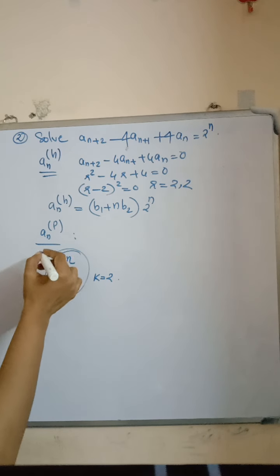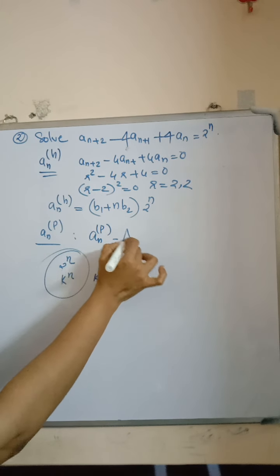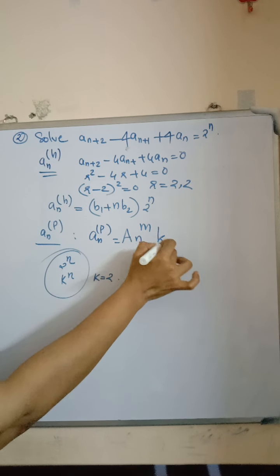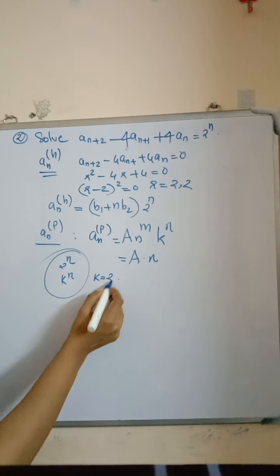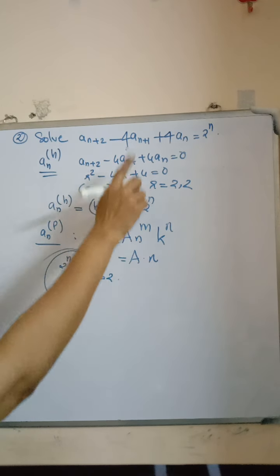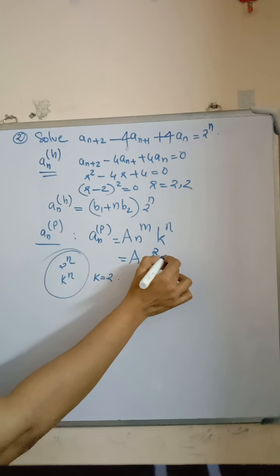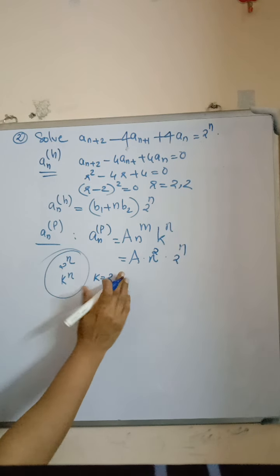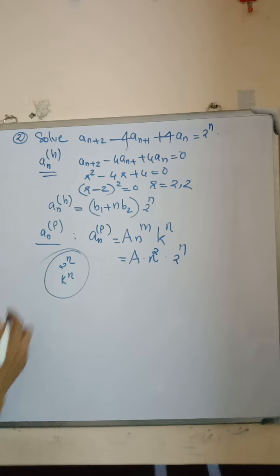Therefore, the particular solution is of the form a into n raised to m into k raised to n. Here, what is m? The multiplicity of 2 is 2. So the particular solution is a n square 2 raised to n.